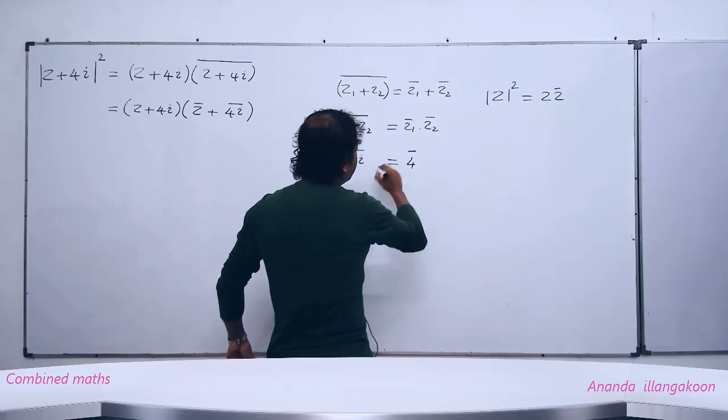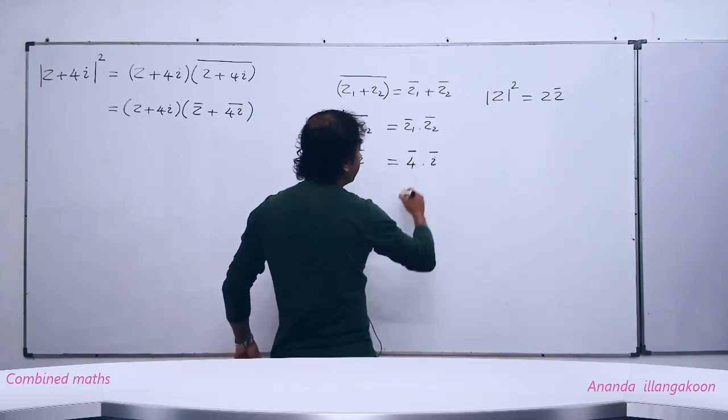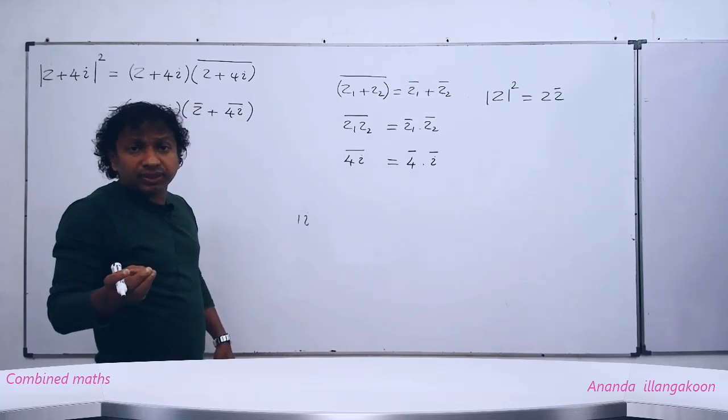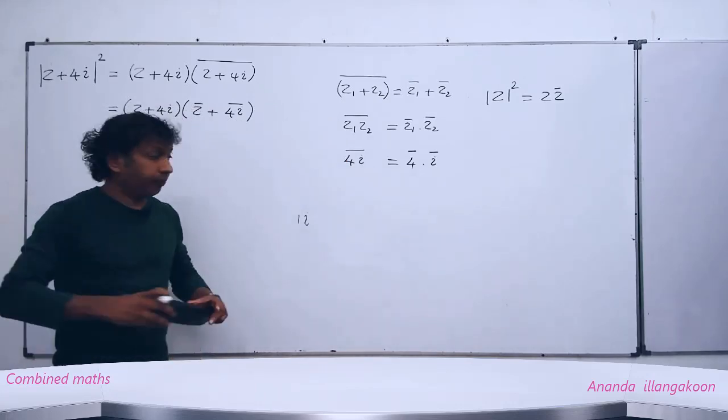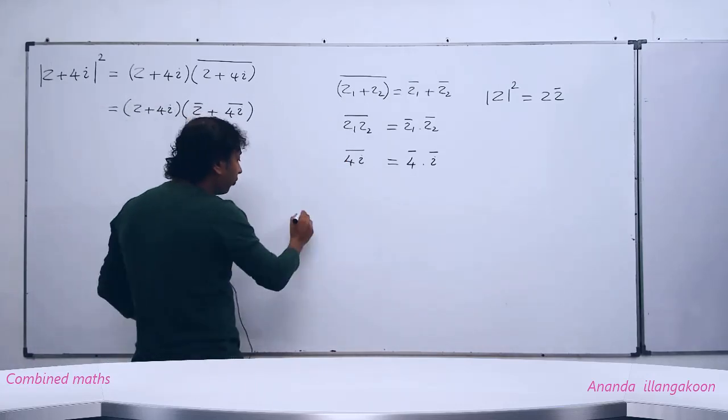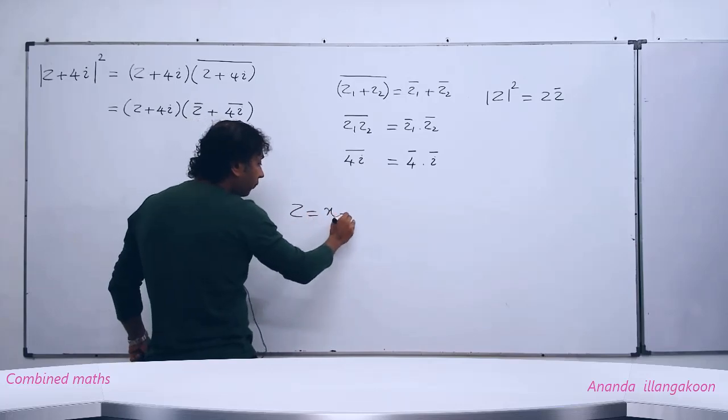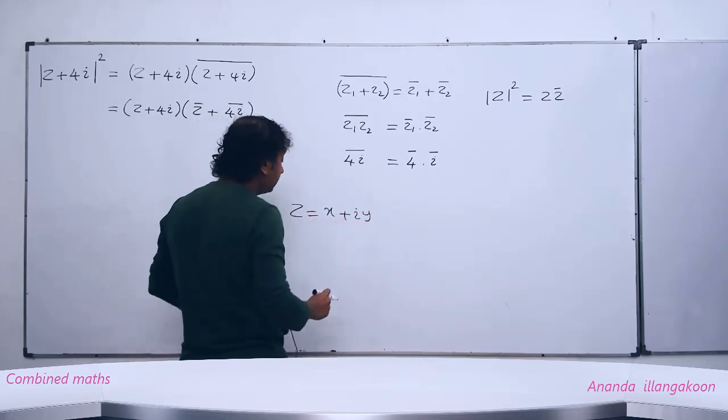4 conjugate, I conjugate. People, if the complex number is purely real, for example, this we did last time also. Suppose the complex number is x plus iy.